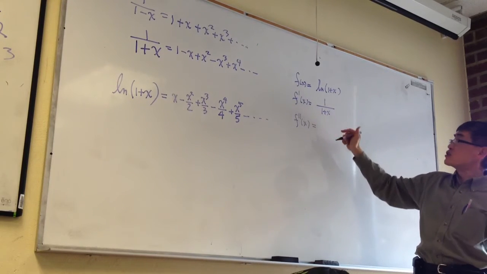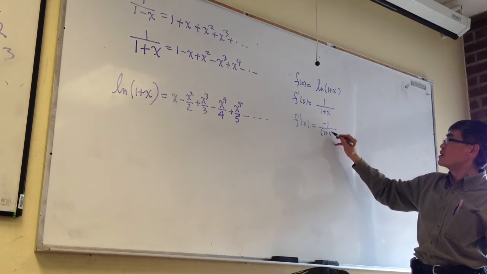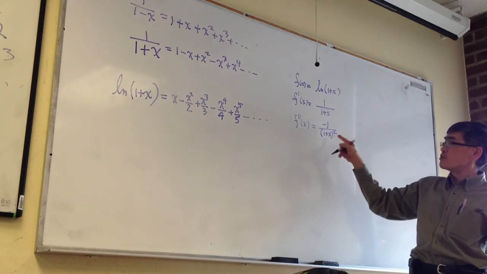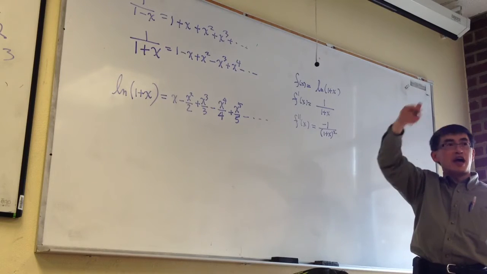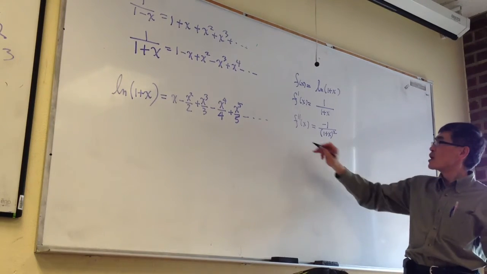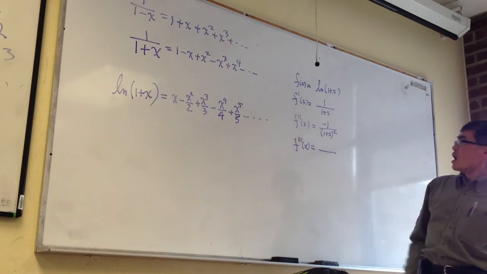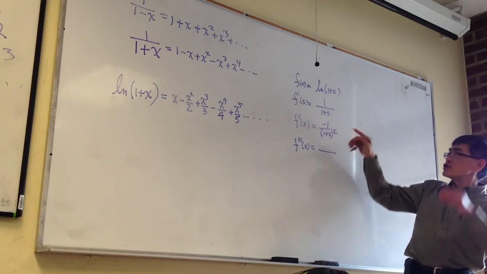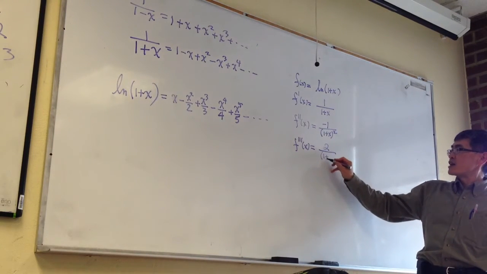So if you take the derivative, you get negative 1, and then power drop by 1. So that's squared. Is that right? And then chain rule, 1 plus x, taking derivative with respect to x, that's 1. So there's no extra factor from chain rule. F triple prime of x, what is that? You have negative 2 power here. So as you pull out negative 2 power, it becomes positive 2. Right? And then 1 plus x cubed.